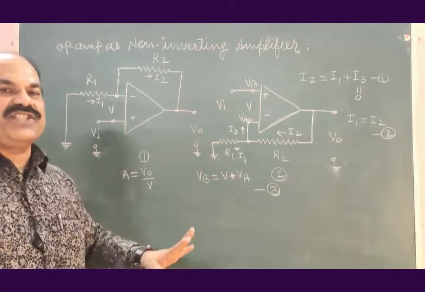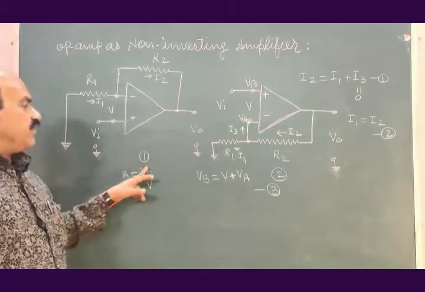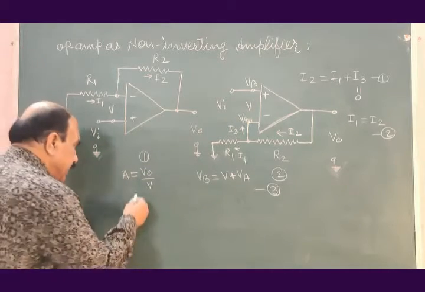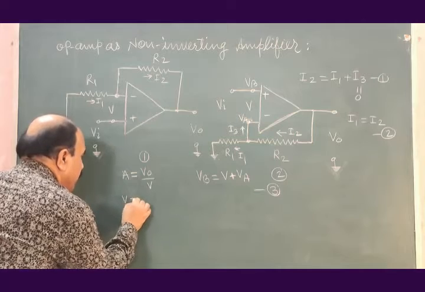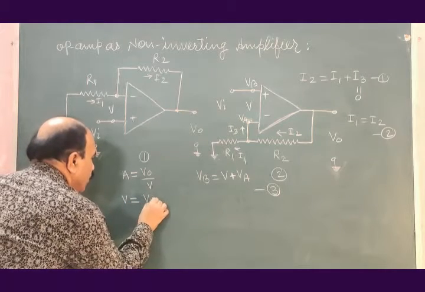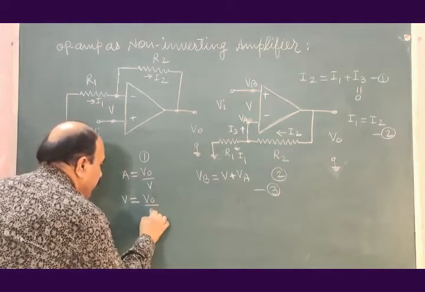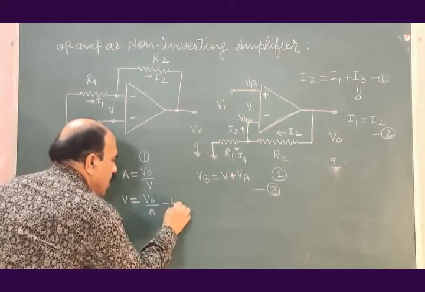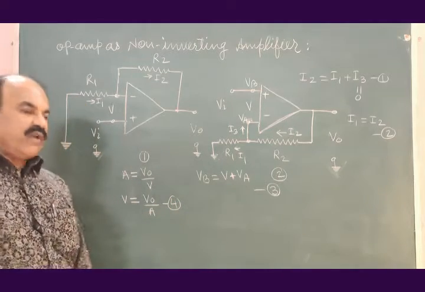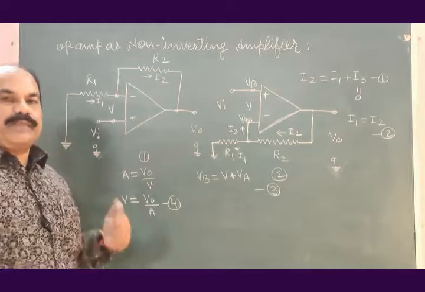There is no inversion. So A is equal to Vo by V. And from this equation, we can write V is equal to Vo divided by A, equation number 4.